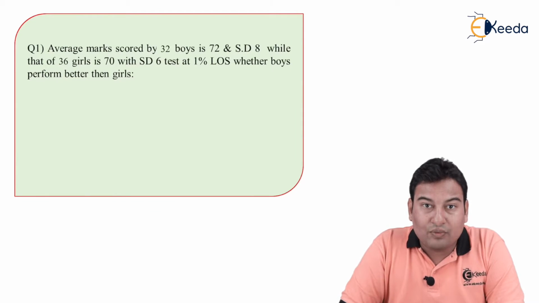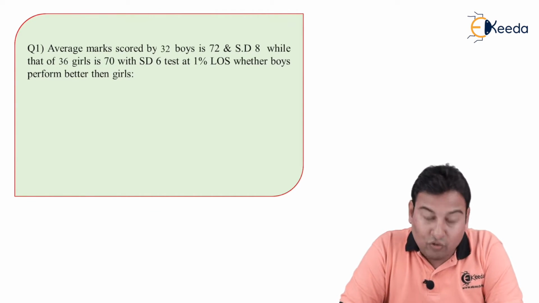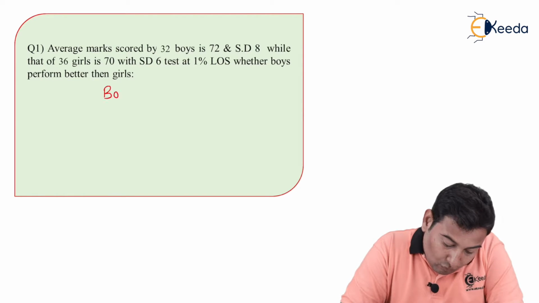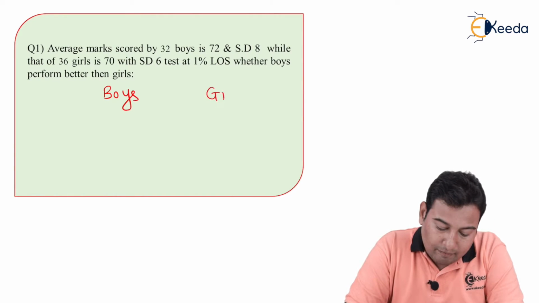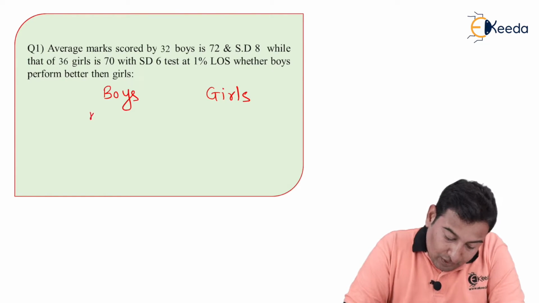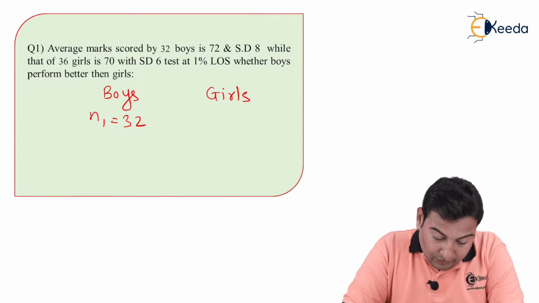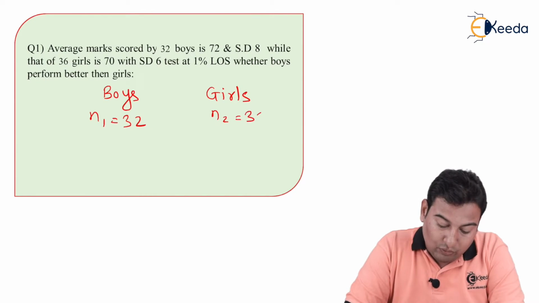So let's list down the data given in the problem. The average marks scored by 32 boys and 36 girls; boys and girls are the two groups mentioned in the problem. 32 boys, so n1 is equal to 32. 36 girls, n2 is equal to 36.